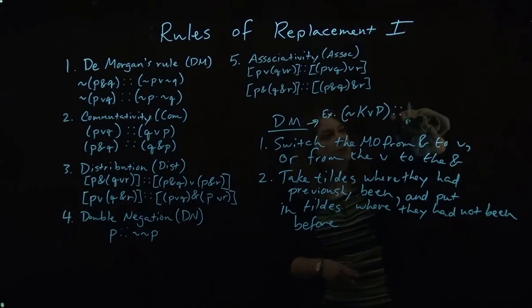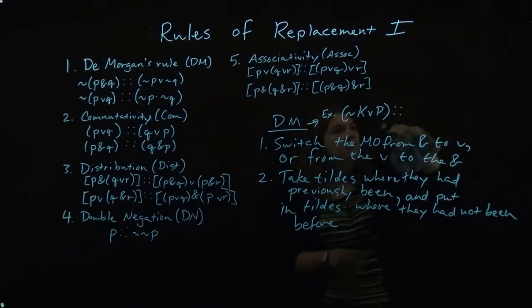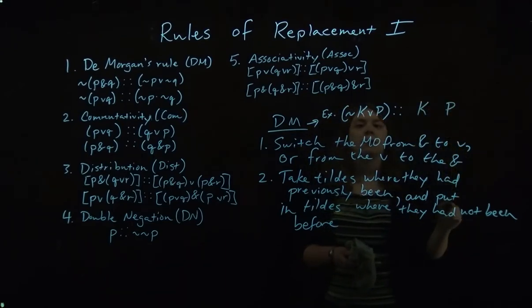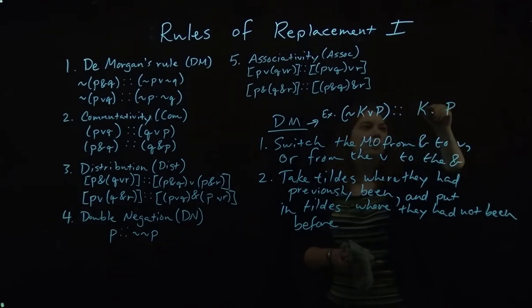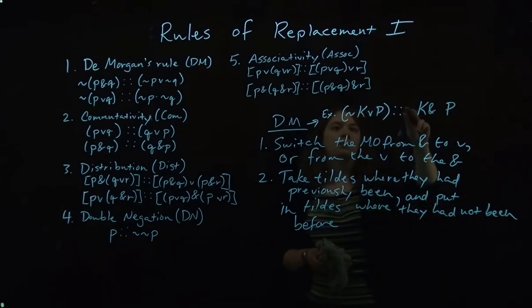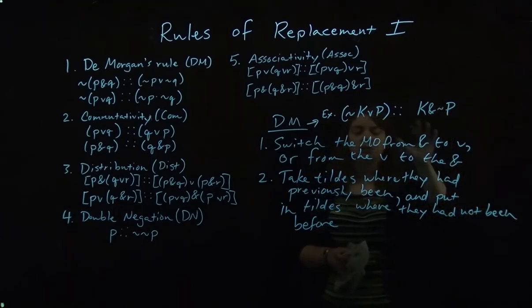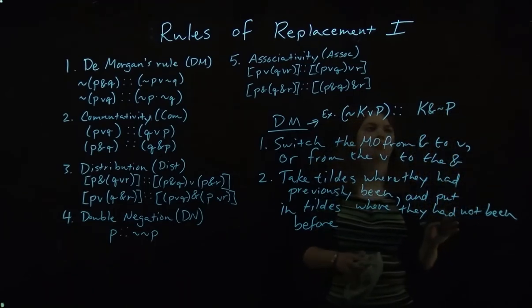So first of all, we're going to keep our letters in here. So we have our K and we have our P. But now we're going to switch the operator here to an ampersand, and we're going to take out the tilde in front of the K, and we're going to put a tilde in front of the P, but there's always 3 spots in these compound statements. There's always 3 spots for tildes.